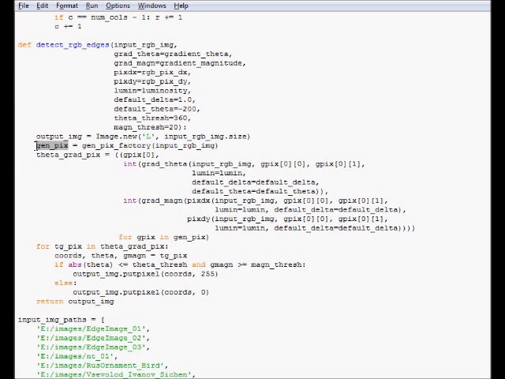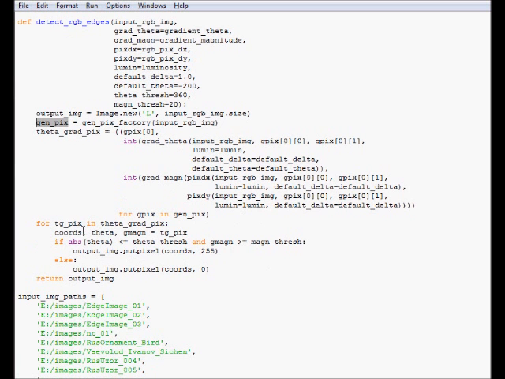Okay, and then finally we iterate over the values in theta grad pix, and we accept the thetas so long as they're within 360, which means we accept everything, but gradients only greater than or equal to 20, and if there is an edge detected on the pixel, then we set it to 255, otherwise it's black 0. So the edges will be marked with white.